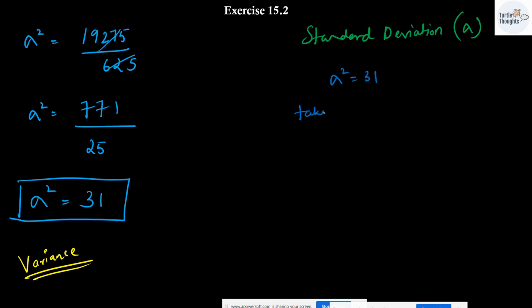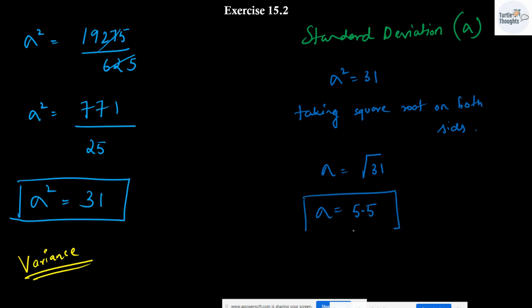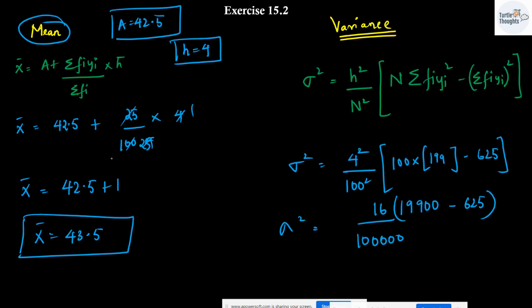Taking square root on both sides, I will be getting the value of sigma as root of 31. The root of 31 is going to be approximately equal to 5.5. This is going to be the value of standard deviation. You have got the value of standard deviation, you have got the value of variance, you have got the value of mean as well.